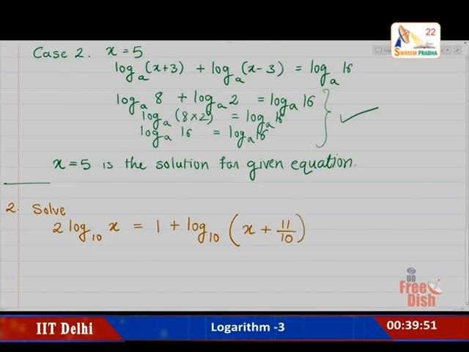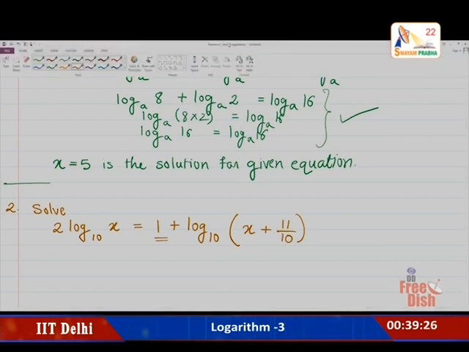So I want to solve this problem. How will I solve it? One way is I can take the terms containing logarithm to one side and keep 1 as it is and then apply the multiplication or division rule, but I will prefer to change this term into a log term.